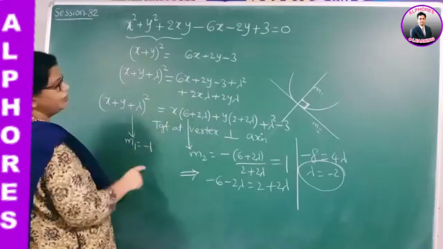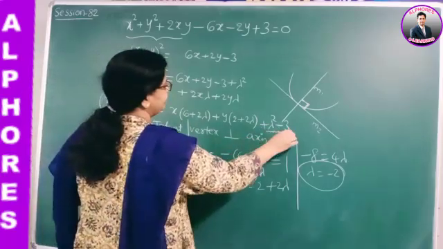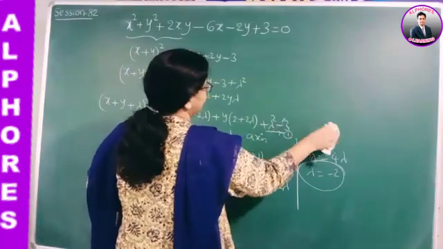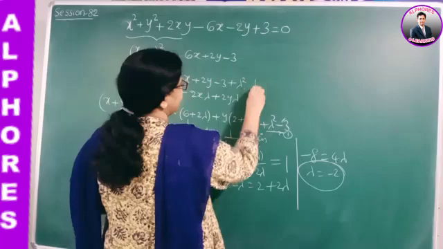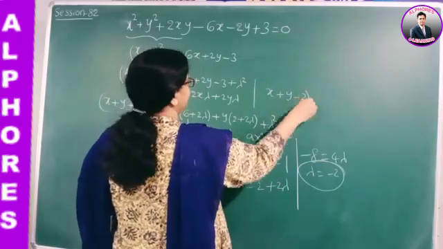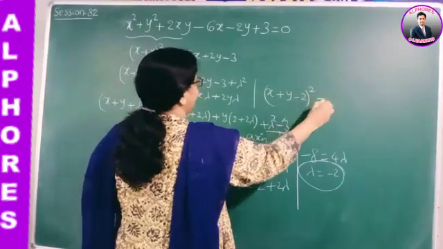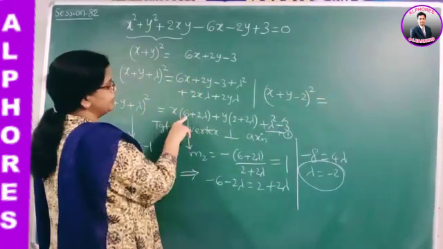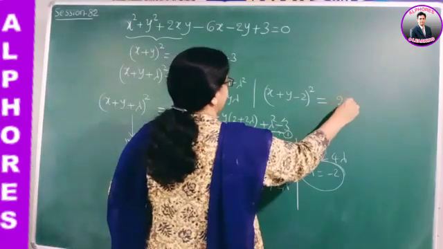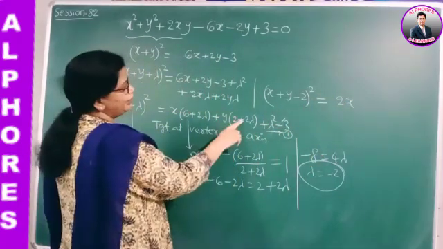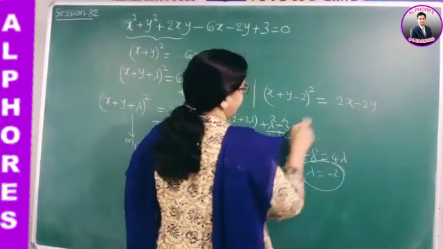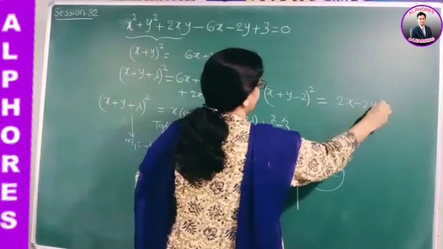Substituting the lambda value in equation 1, left side you observe it is (x plus y minus 2) whole square, equal to: 6 minus 4, so 2x; then 2 minus 4 means minus 2y; and next 4 minus 3, that is plus 1.